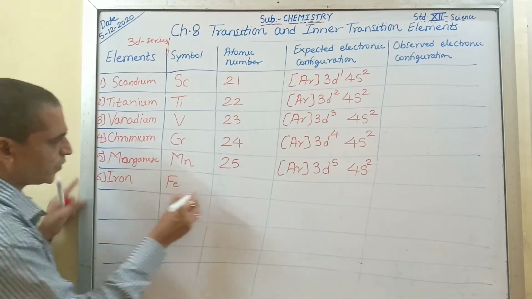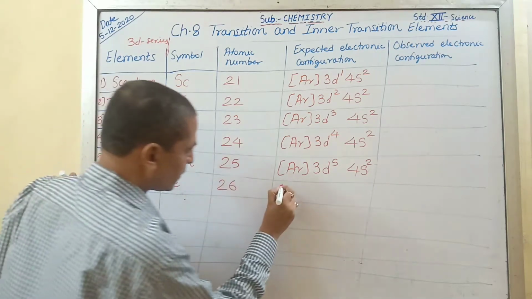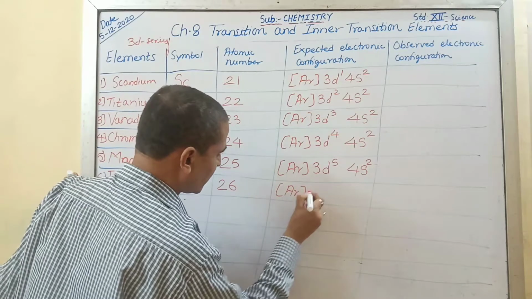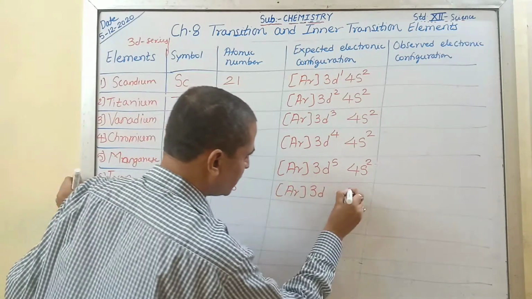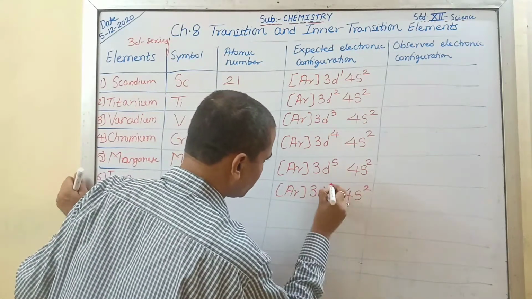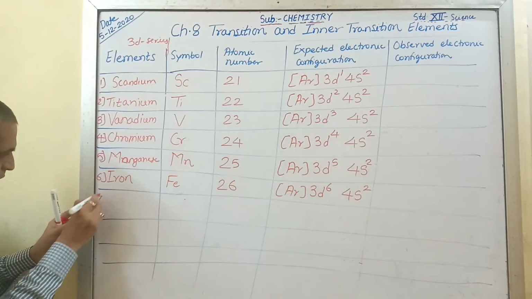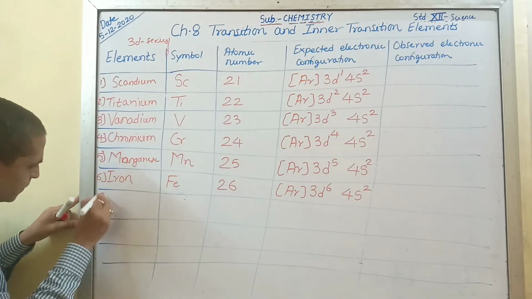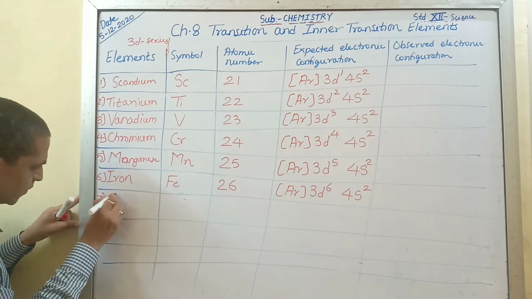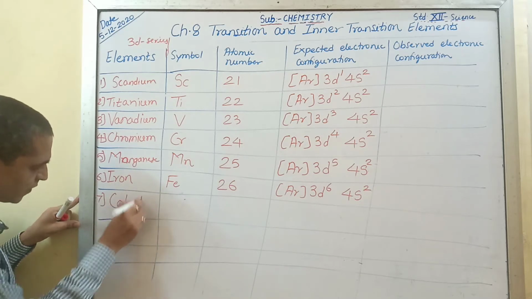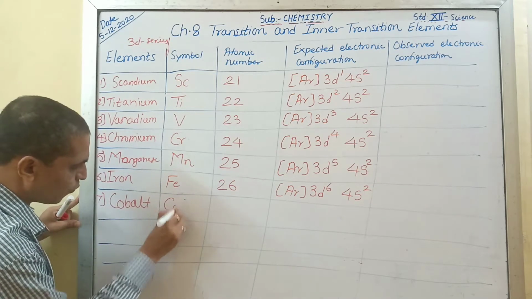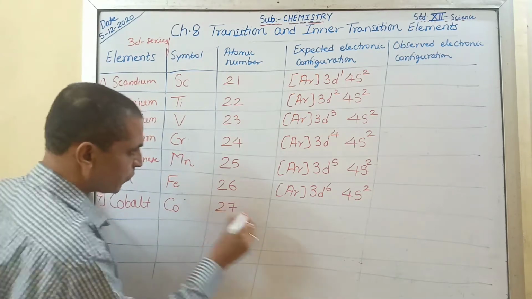Symbol is Fe, atomic number 26. Argon, 4s2, so it becomes 3d6. Seventh is cobalt, Co, atomic number 27.